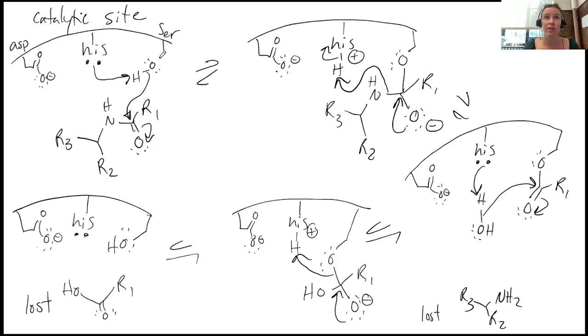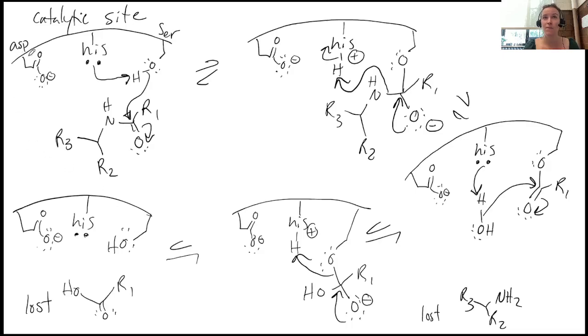We saw serine doing a little bit of acid catalysis, giving up its proton to histidine so that it could perform a nucleophilic attack on the carbonyl carbon that it forms this transient covalent bond to throughout the mechanism.